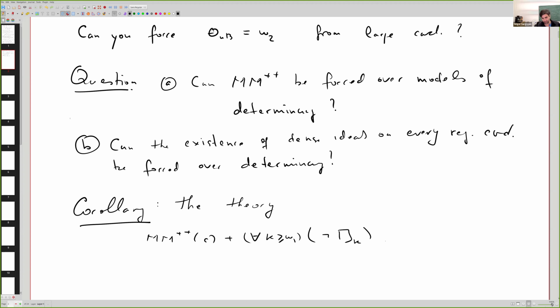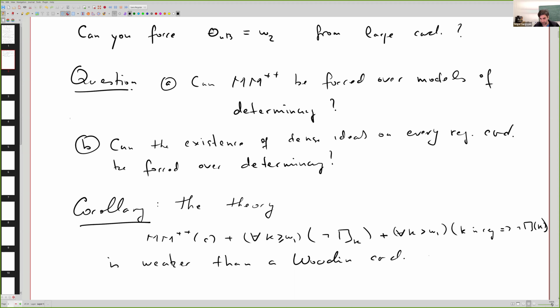You can also put the round bracket, but it's always confusing. Basically, you want to put the round bracket for regular cardinals. For all kappa greater than omega-1, kappa regular implies not square round bracket kappa is weaker than a Woodin cardinal that is a limit of Woodin cardinals.